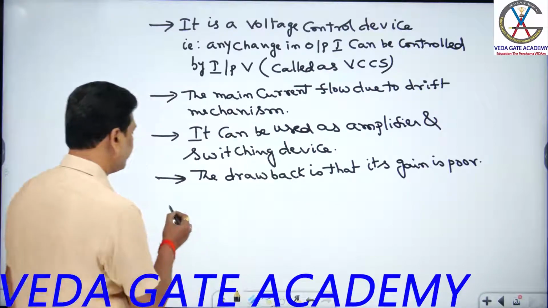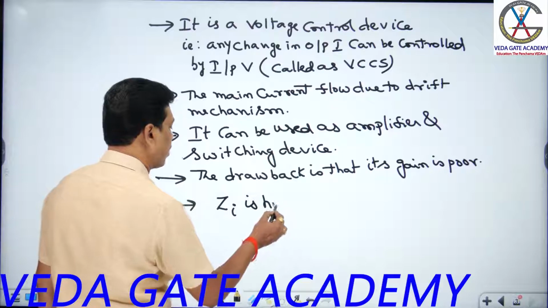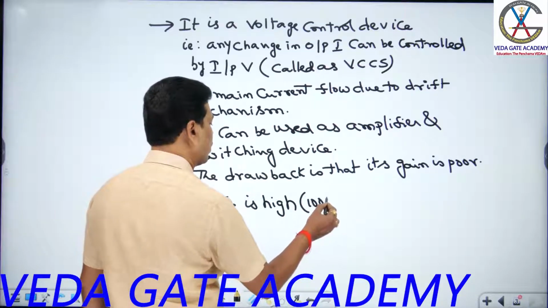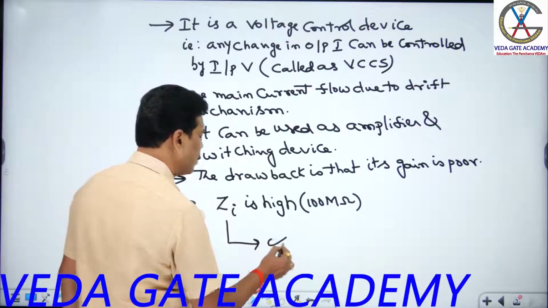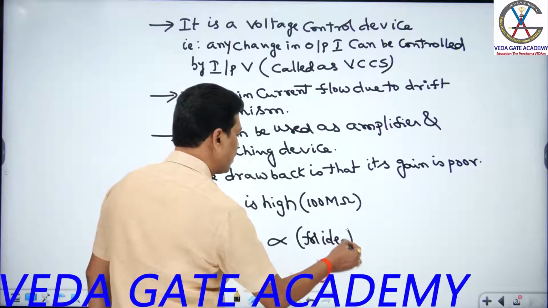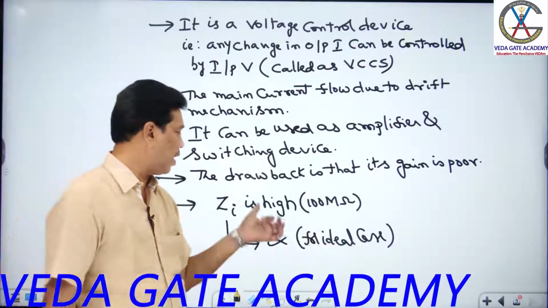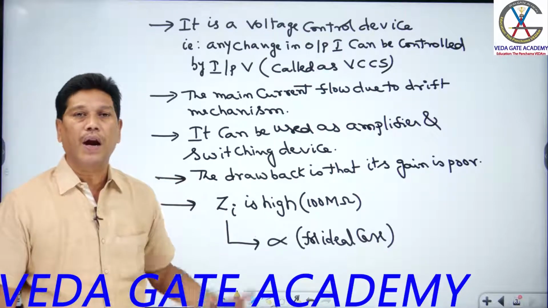Input impedance is high, that is called gate resistance. So for the ideal case it is infinite, and practically it is high, about 100 mega ohms.